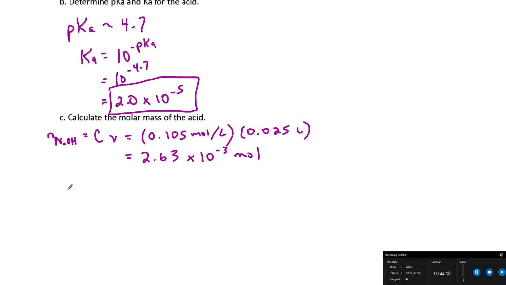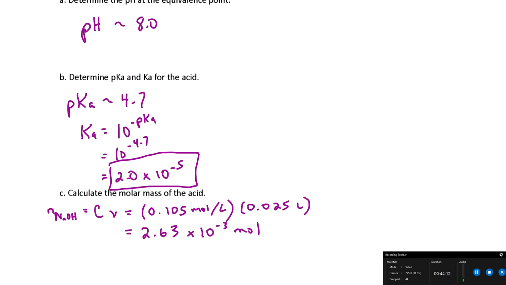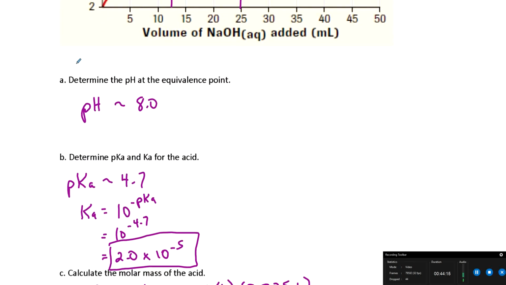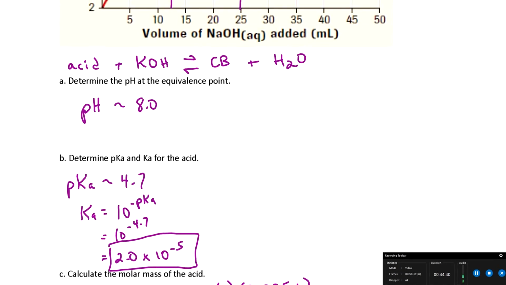Now, I should have written out that it's a monoprotic acid, and well, it says NaOH, but then in the description it says KOH. Either way, it doesn't matter. They're both 1-to-1 here. So when you make your equation, you'd get some sort of conjugate base plus water. Point being, it's a 1-to-1 ratio we're dealing with here.